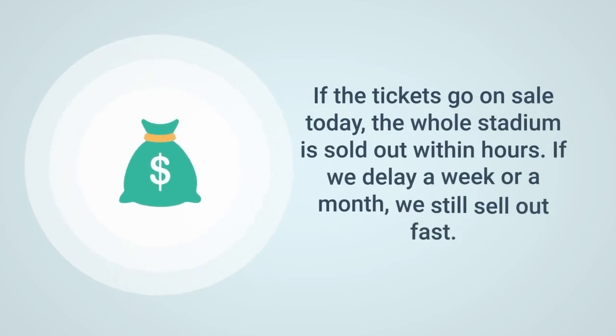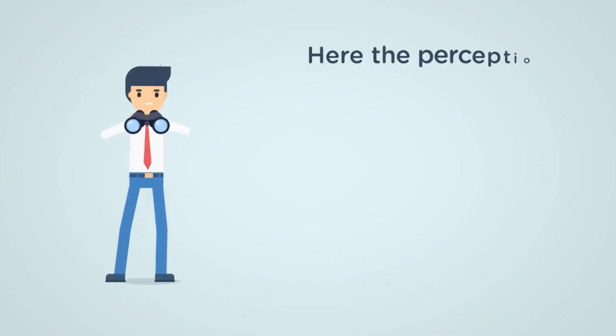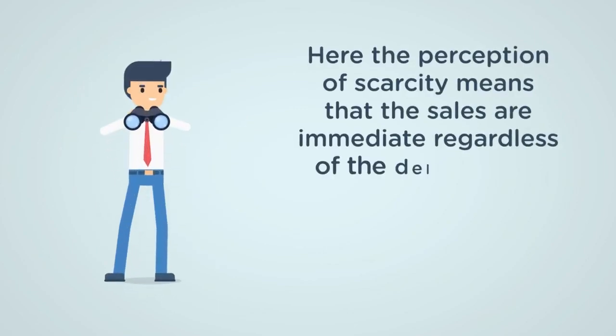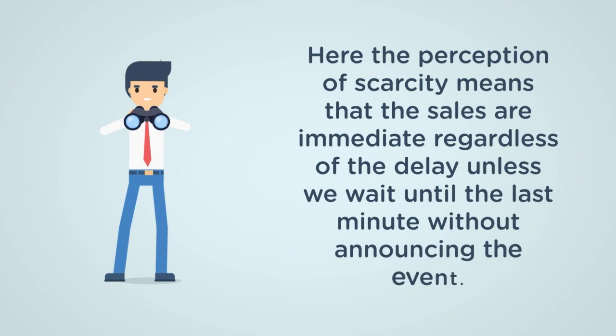If the tickets go on sale today, the whole stadium is sold out within hours. If we delay a week or a month, we still sell out fast. The perception of scarcity means that the sales are immediate regardless of the delay, unless we wait until the last minute without announcing the event.